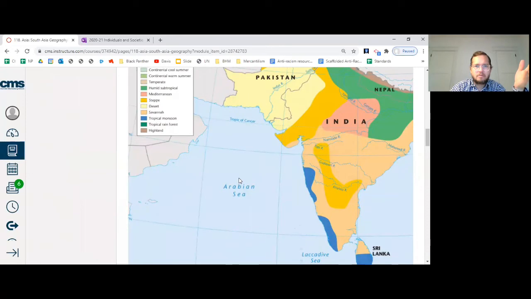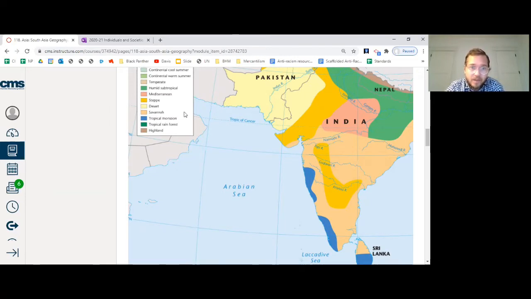Go ahead and put in the chat, y'all. What do you think? What are the two that they share? India and Sri Lanka share what two climates? Yeah, good, y'all. Got some private comments coming through. You have to be careful, though.